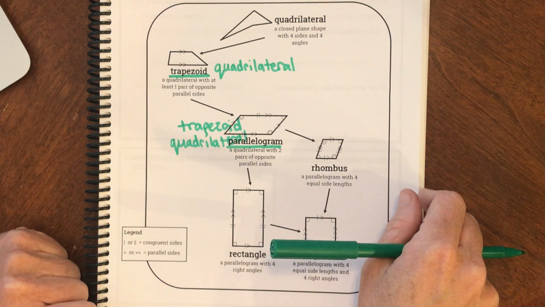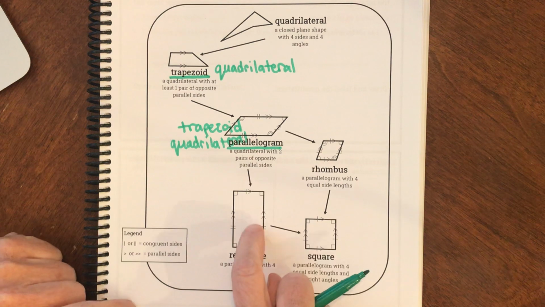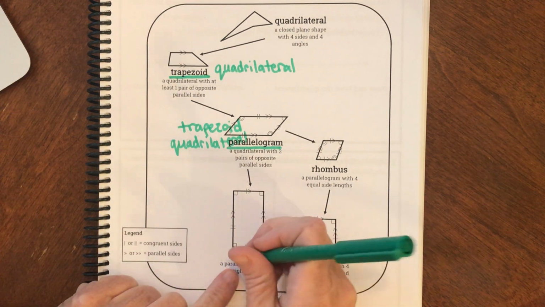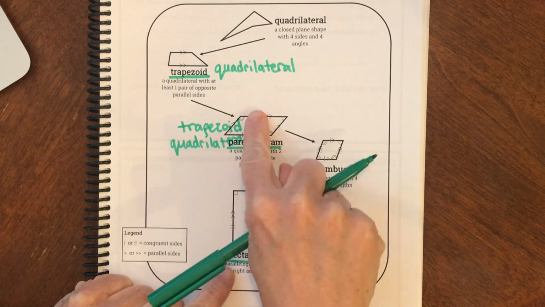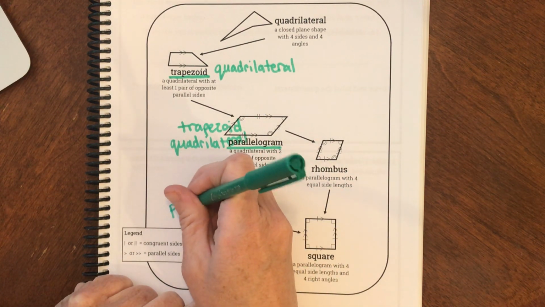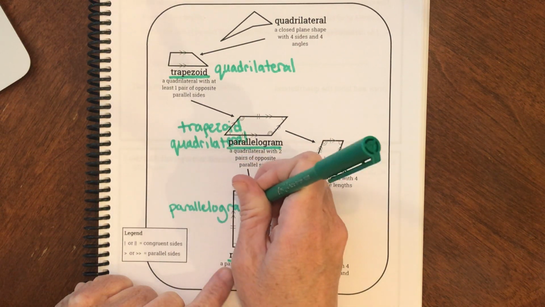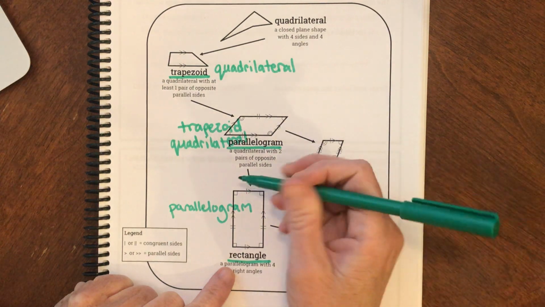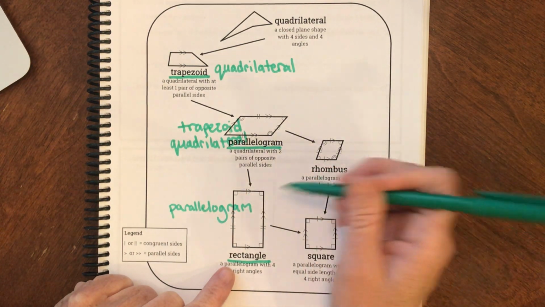Okay, if you're seeing how the arrows go, I'm going to follow the arrows. This next shape is a rectangle. That's its best name, but it also could be called everything above it. So this shape could also be called a parallelogram because it follows the rules of a parallelogram, which are two pairs of opposite parallel sides.